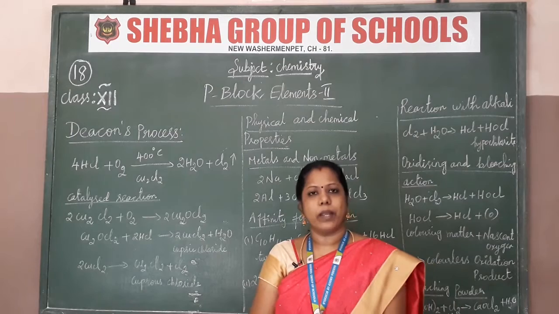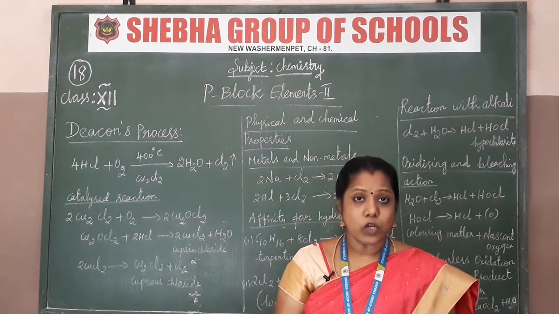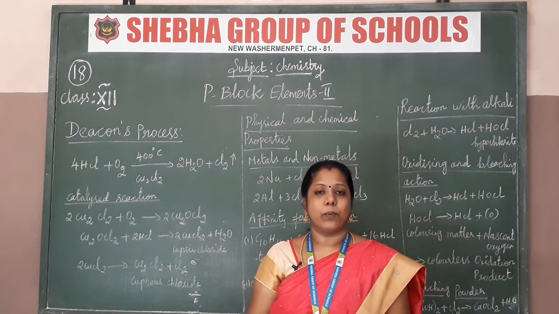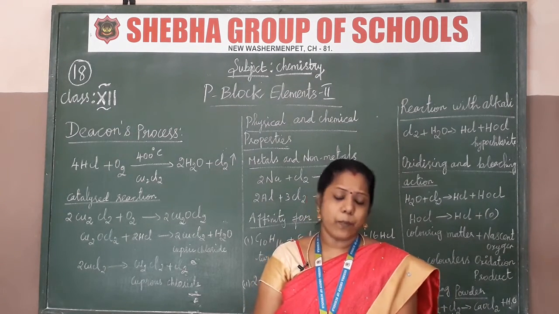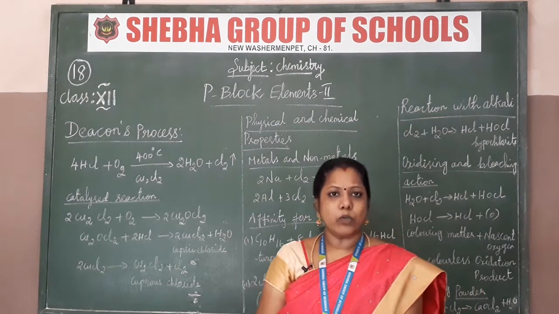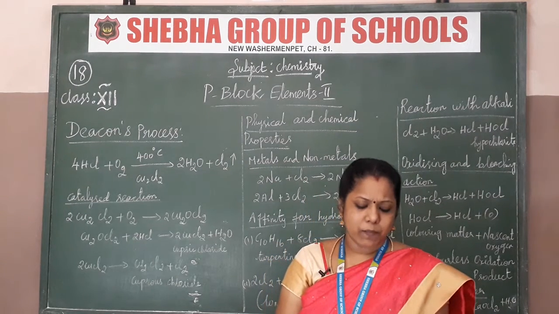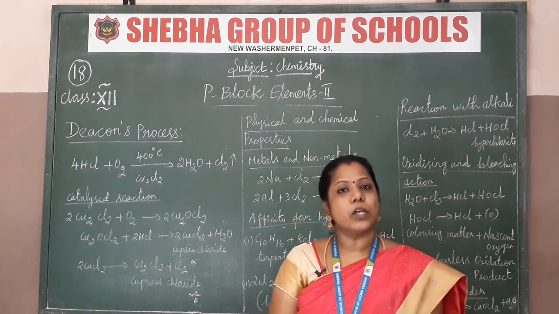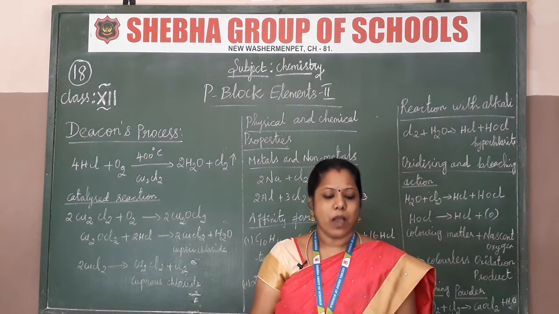Obviously you know chlorine, the halogen family, gives a negative charge, so obviously Cl minus. Moving on to chemical properties: it reacts with zinc to give zinc chloride with hydrogen, and reacts with magnesium to give magnesium chloride with hydrogen. These chemical properties we also have to learn.